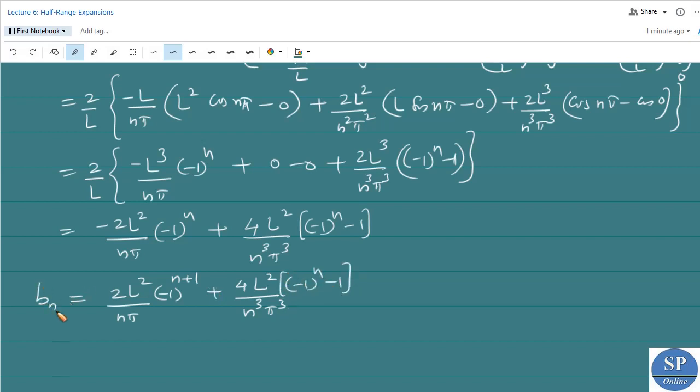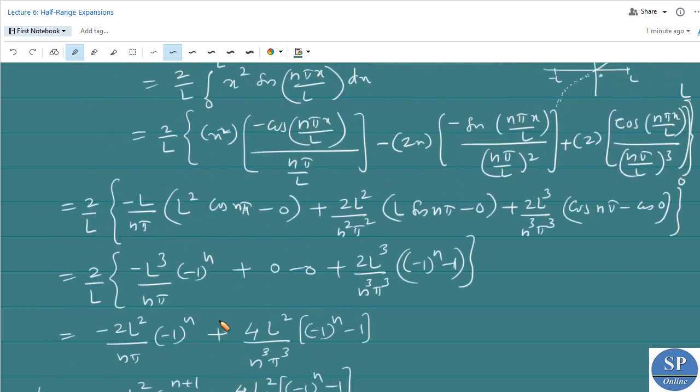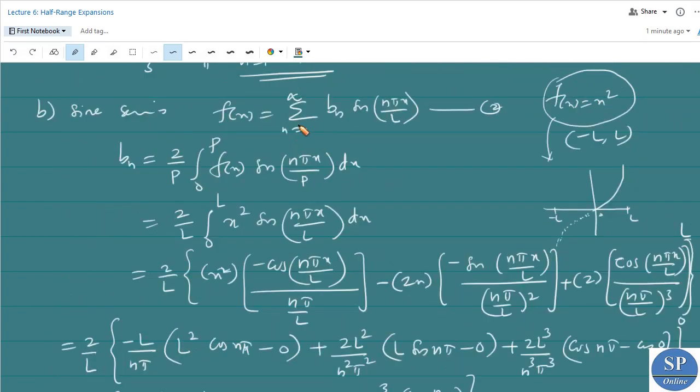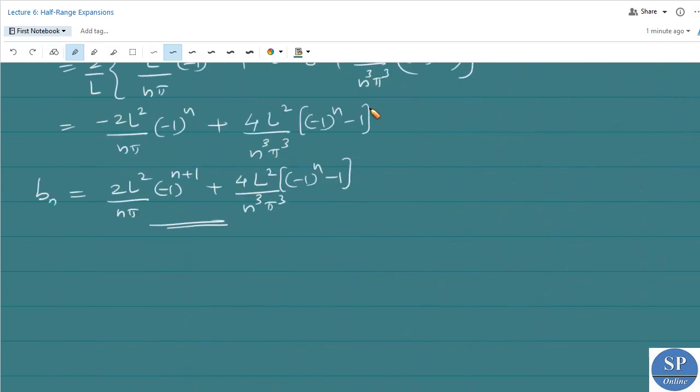So this is Bn. So the Fourier sine series is given by f of x equal to summation n from 1 to infinity Bn sin n pi x by L. So we can replace Bn there.